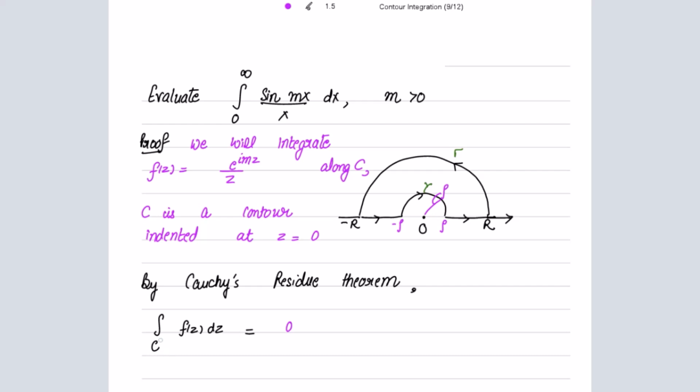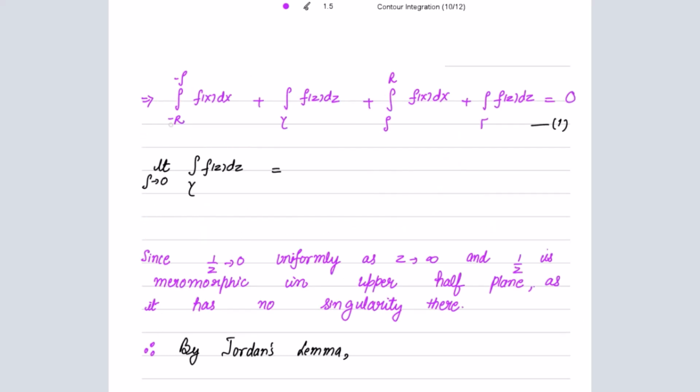Now I am going to split this contour into parts. First I integrate the function along the real axis from negative R to negative rho, and then along the semicircle gamma, then again along the real axis, and then along tau.